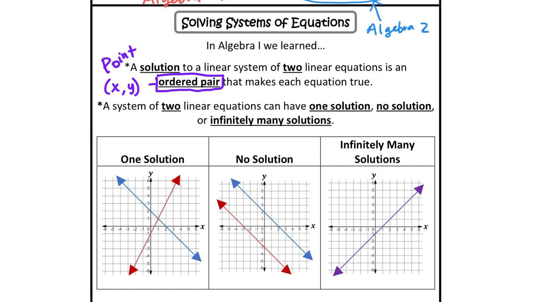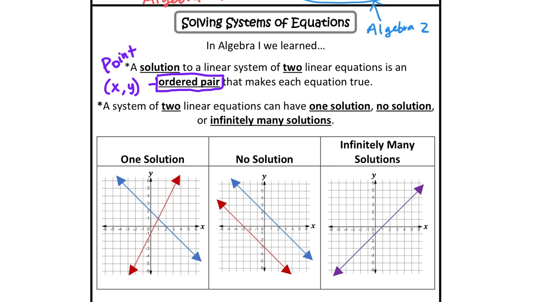So again, if we have two linear equations, two lines, there's three situations that can happen, right? I can either have two lines that are intersecting. I can have two lines that never intersect because they're parallel.